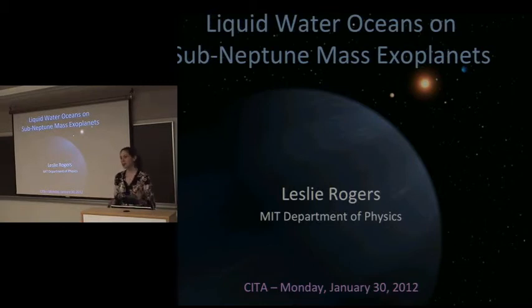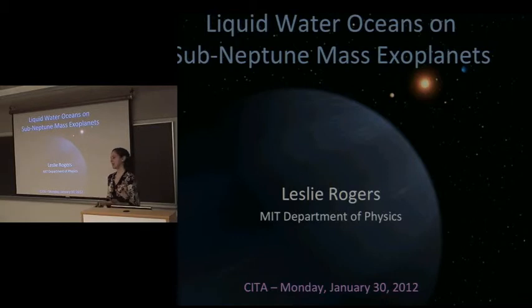So the search for liquid water on planets other than the Earth inspires both professional astronomers and citizen scientists alike. A lot of this interest is fueled by the hypothesis that liquid water is an important ingredient for habitability. In fact, the habitable zone for a planet orbiting a star is often defined as the range of orbits on which an Earth-like planet could harbor a liquid water ocean on its surface.